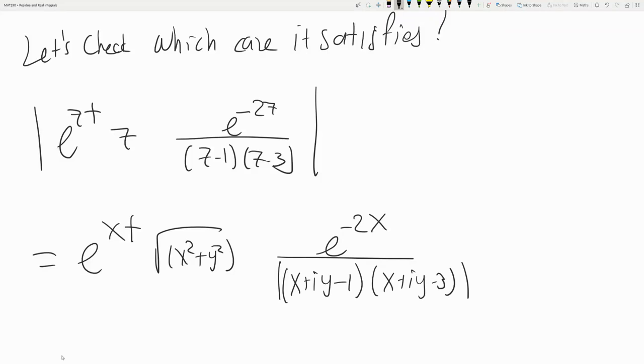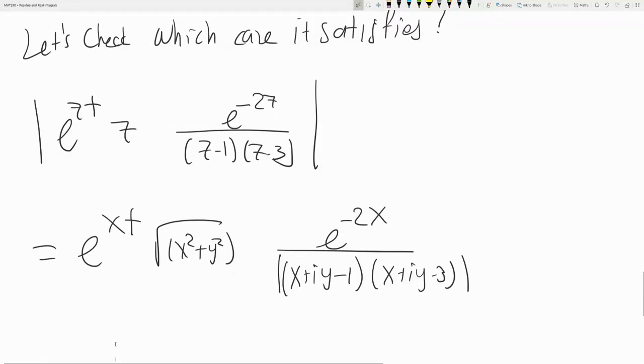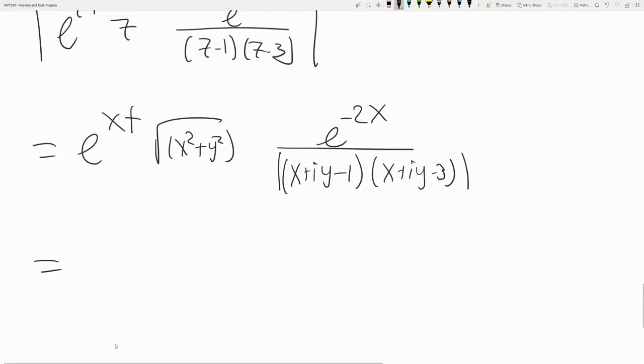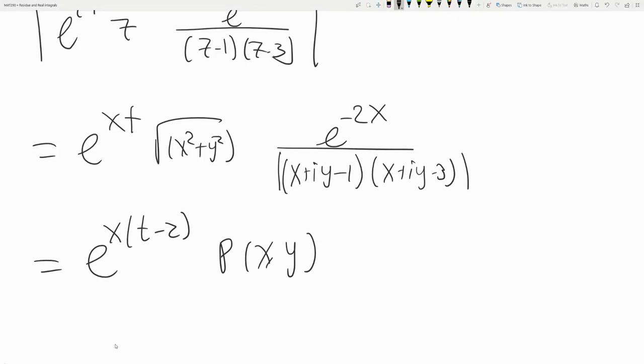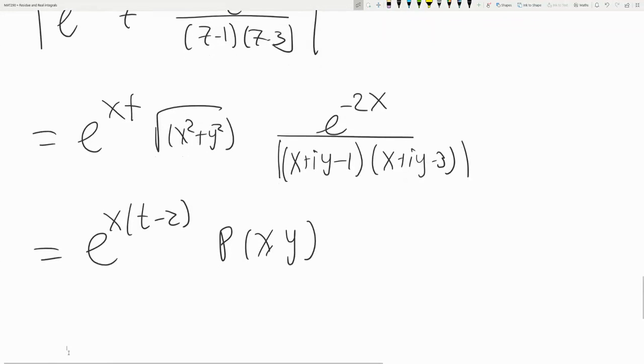Because they're just polynomials, they won't matter. So we have e to the x(t minus 2), and then a polynomial in x and y. Clearly the dominant behavior comes from this guy.